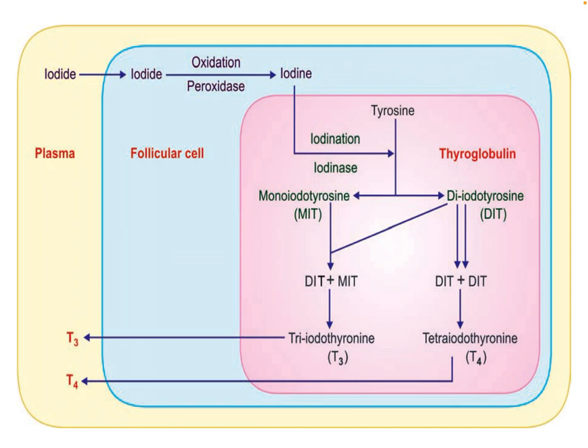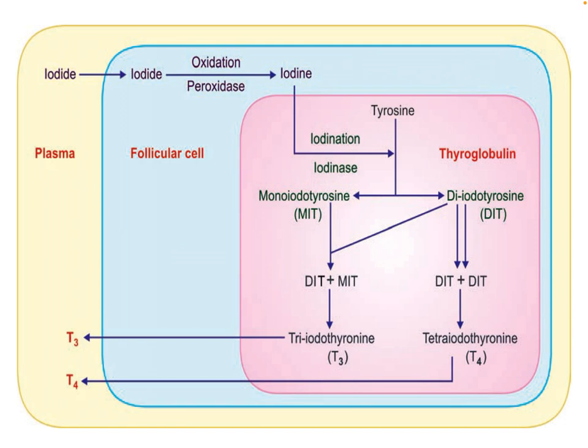The next step is iodination of tyrosine. Combination of iodine with tyrosine is known as iodination. It takes place in thyroglobulin. First, the iodine is transported from follicular cells into the follicular cavity, where it binds with the thyroglobulin.